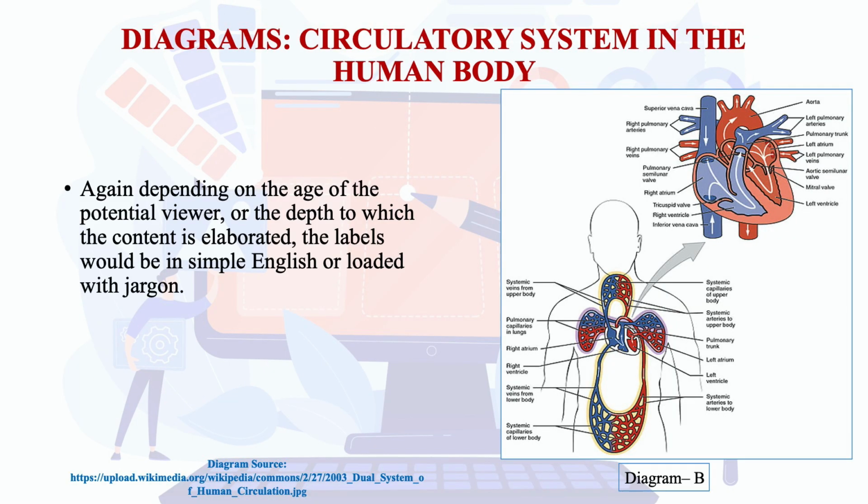The comparisons will vary from age to age, and also the level of the body and the strength of the body. Then depending on the nature, the doctor will decide where to go and what to do. Again, depending on the age of potential viewers or the depth to which content is elaborated, the labels would be in simple English or loaded with jargon.